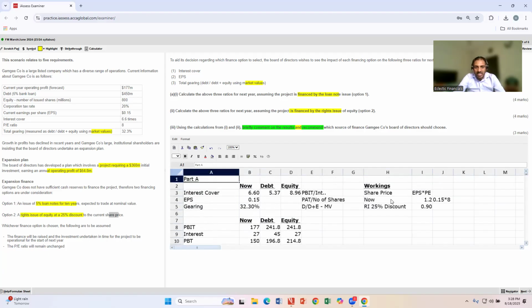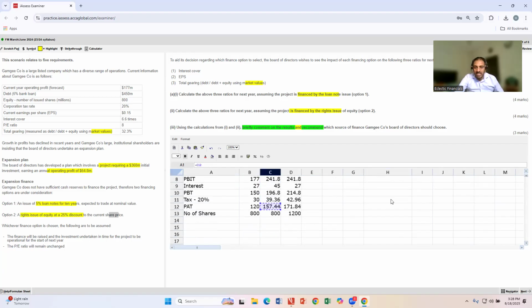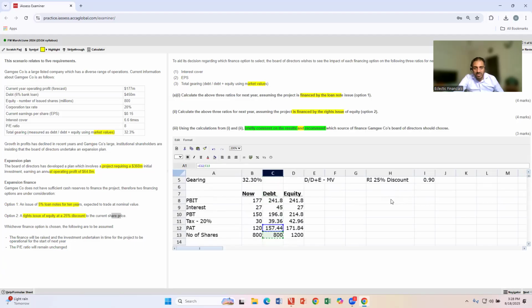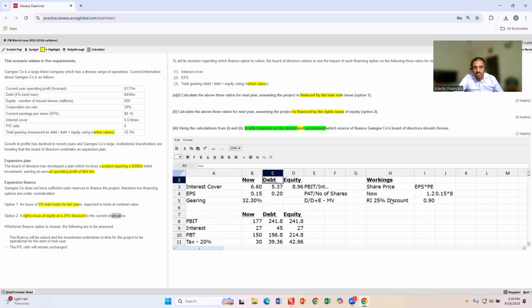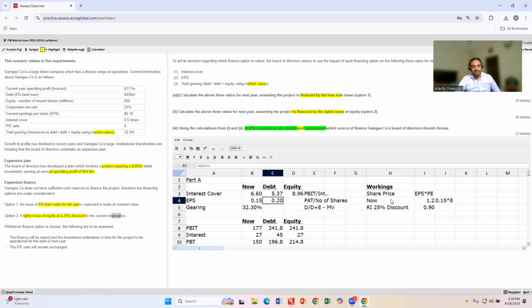Now we need to calculate the EPS. EPS is profit after tax divided by number of shares. 0.2, and 0.14. So here is this. If you compare debt versus equity, interest cover now is 6.6 and with debt finance decreases to 5.37.